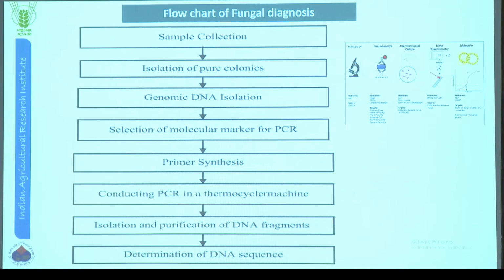Limited fungal pathogens we have markers. So if a marker is not available, then what to do? Basic concept: the 16S or 18S ribosomal DNA is more or less present in fungi. That gene is already identified.